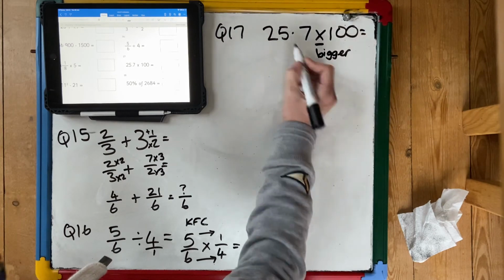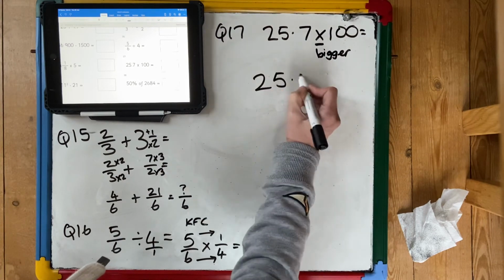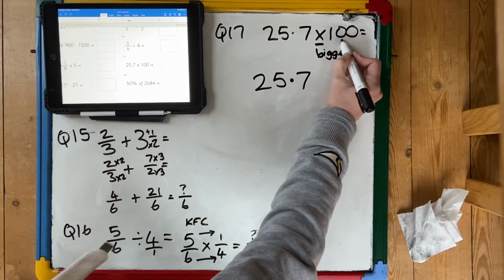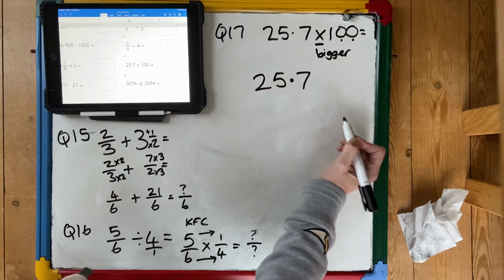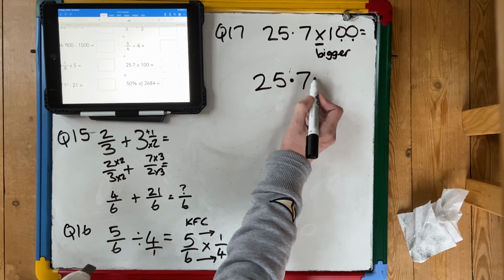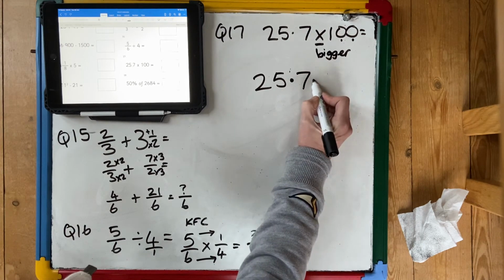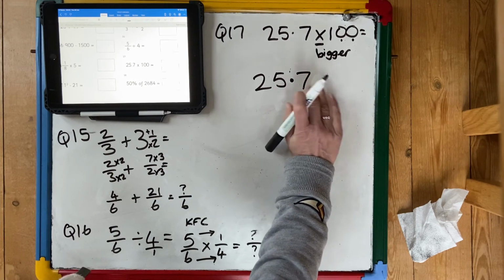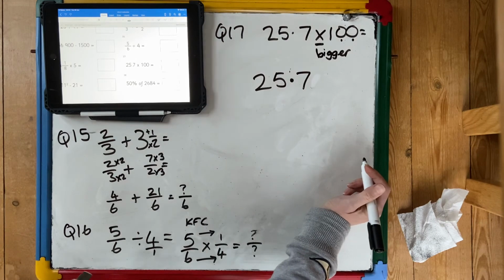So there's 25.7. Now, some of you would prefer to move the decimal point 2 places, making this number 100 times bigger. So I move the decimal point this way to make 257, that's timesing it by 10, and then move it one more place, and try and work out what the answer is that way.